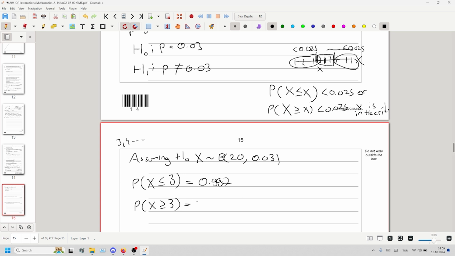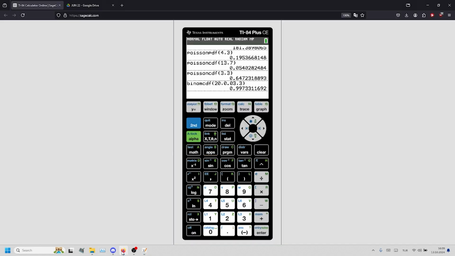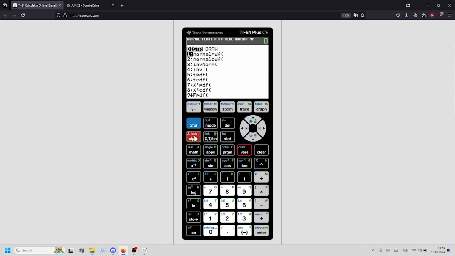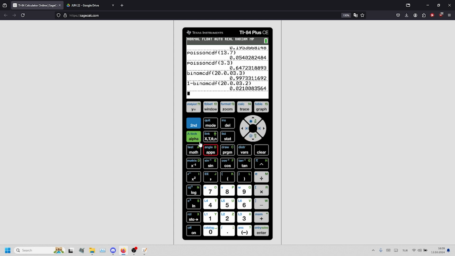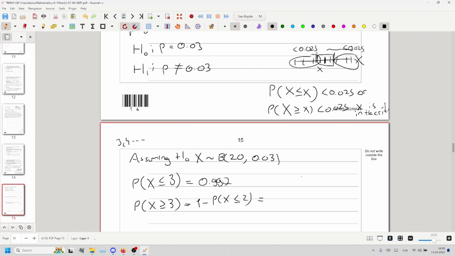So this is simply going to be 1 minus the probability that X is less than or equal to 2. So I can quickly calculate that. That'll be 1 minus the binomial CDF with 20 trials, probability 0.03, and X value 2. That will be 0.021.